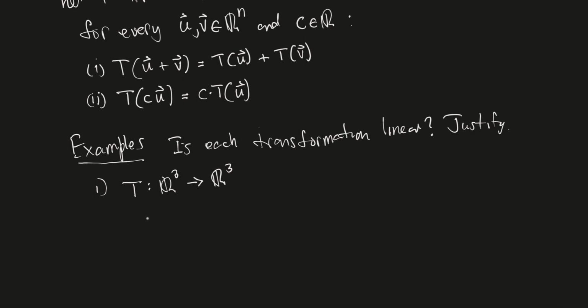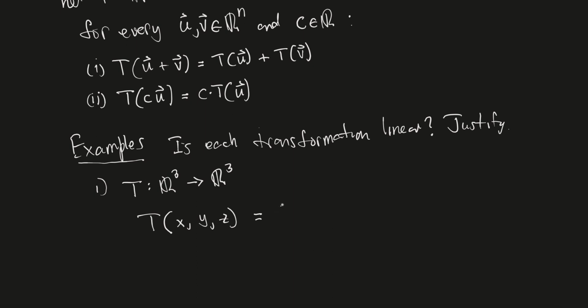So what does it do? What are the actual operations? Well, here I'm going to write my vector now as an ordered triple, x, y, z. Now remember, there are different ways we can write our vectors, right? So this is a completely valid way of doing it. And then what does my transformation do to this vector?